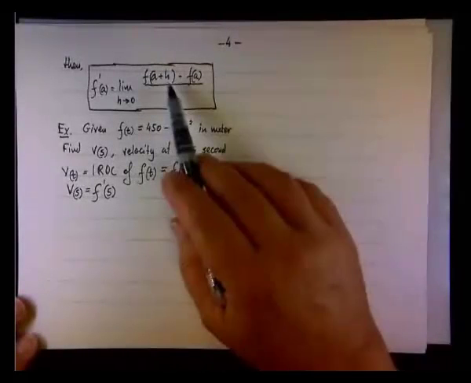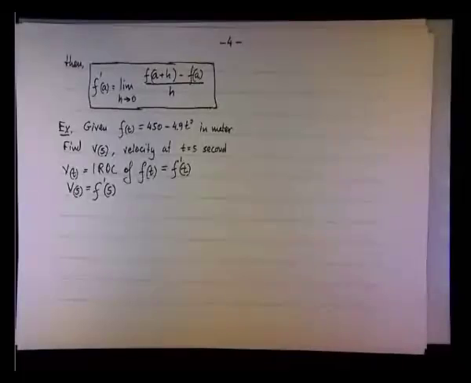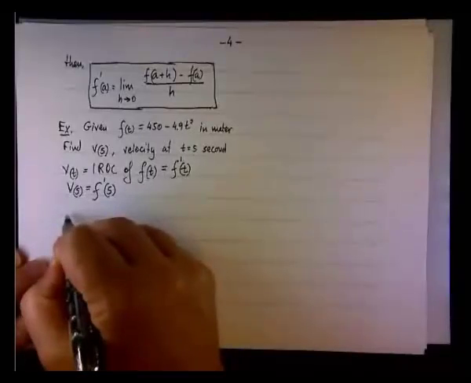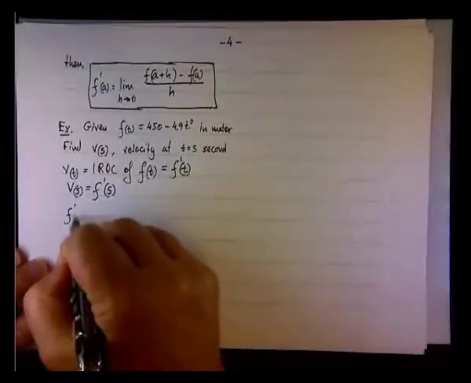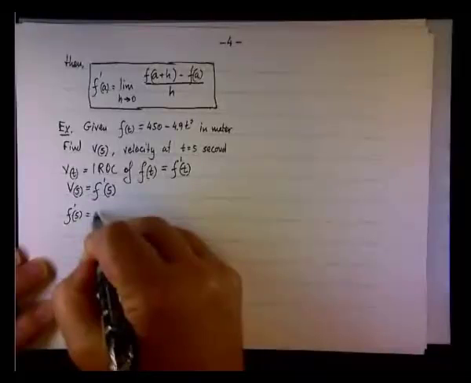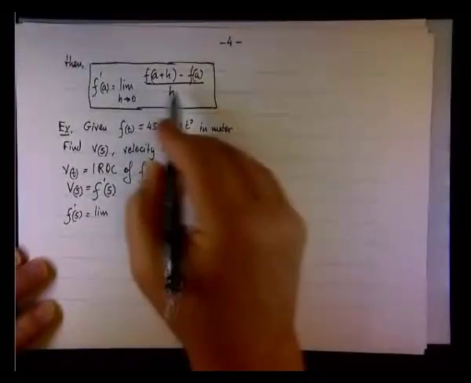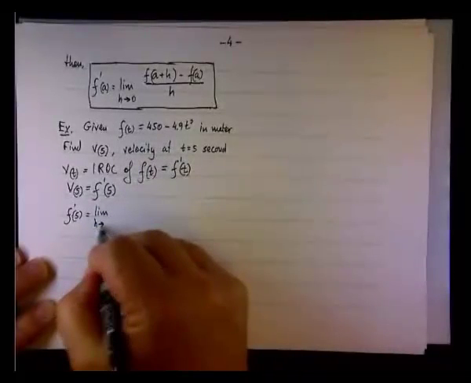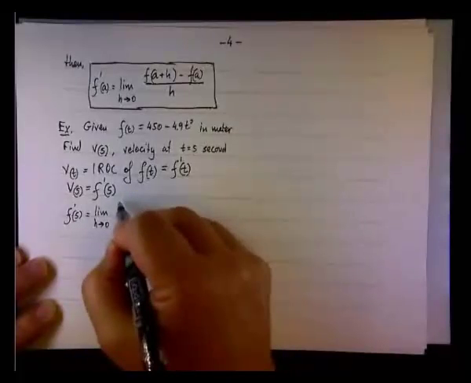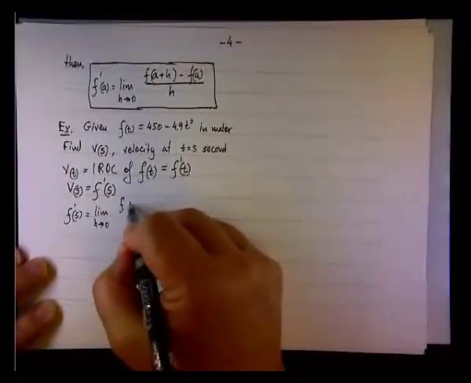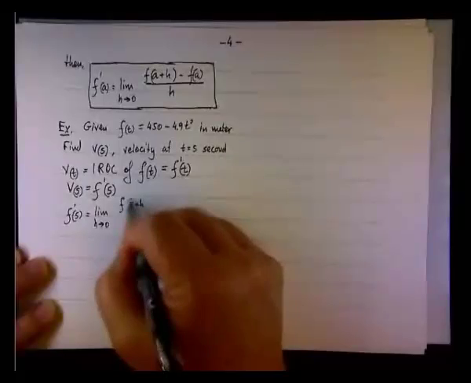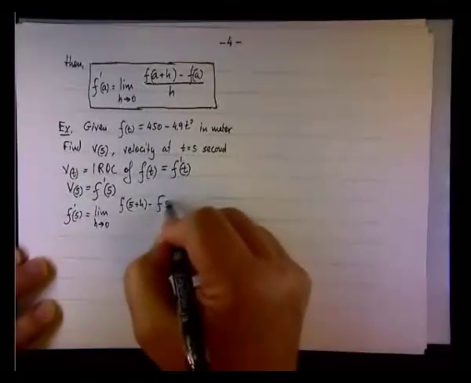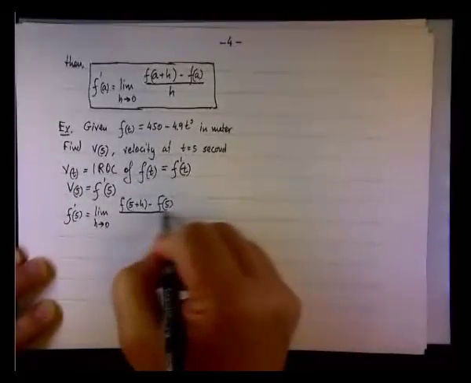And we use this definition to calculate it. And so, here we go. By definition, f prime at 5 seconds will be the limit, and I use this, as h goes to 0, of f of 5 plus h minus f of 5, divided by h.